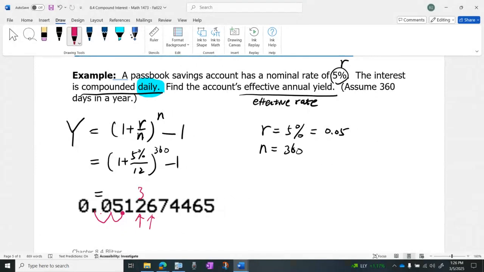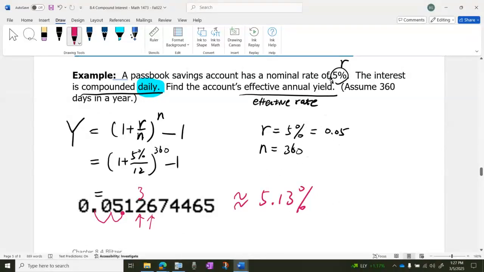We have 3 here. So the result is 5.13%. Look at the value of the effective rate, 5.13%. It is higher than the nominal rate, right? Nominal rate is 5%. The effective rate is very close, actually, but more than that.